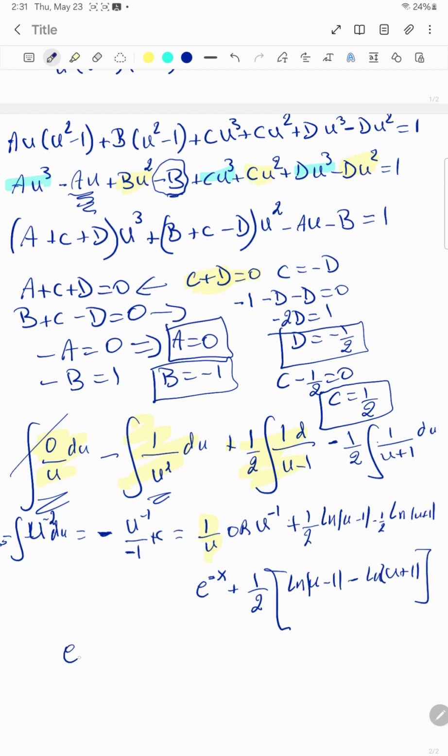So it's equal e to the power minus x plus 1/2. And here I want to use the logarithmic rule. Ln u minus 1 minus ln u plus 1 is equal to ln of u minus 1 divided by u plus 1, plus c. And that would be the solution of that integral.